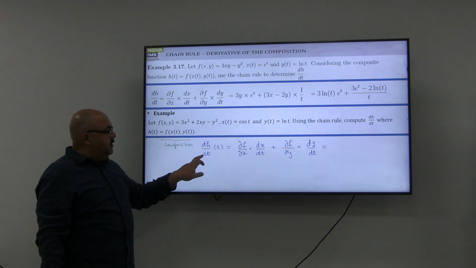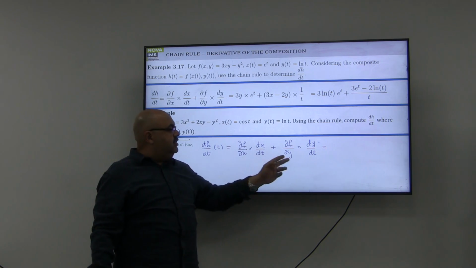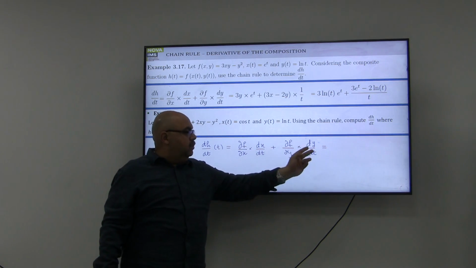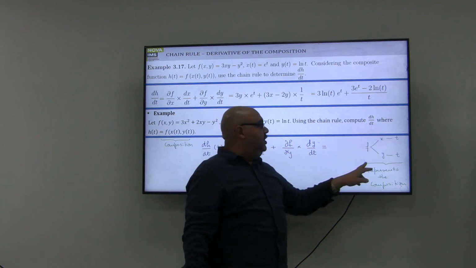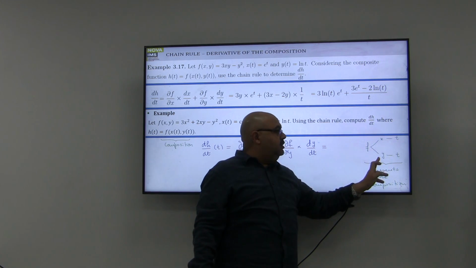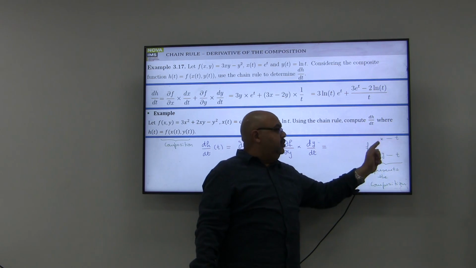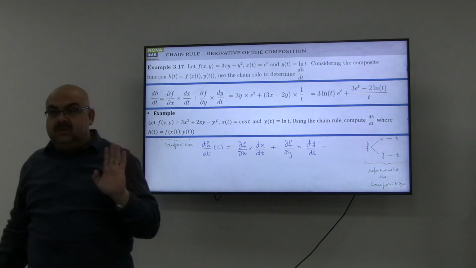So dh by dt is going to equal df by dx, df by dy. This is going to be multiplied by dx over dt, and this one by dy with respect to t. Direct substitution. In this case, we still have f as a function in several variables, but each one of them is just a single valued function in one variable, as you can see.